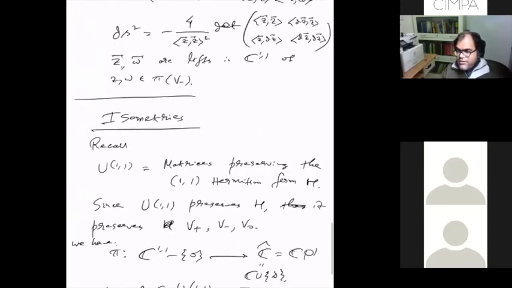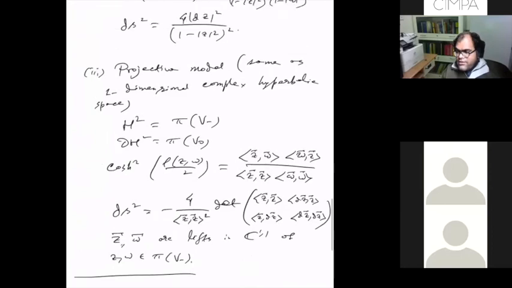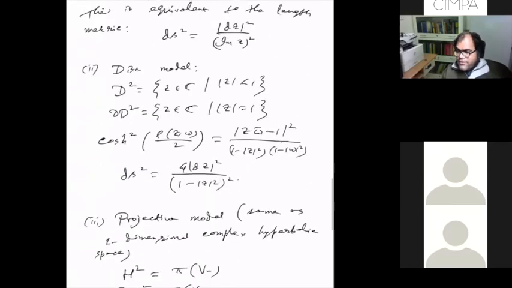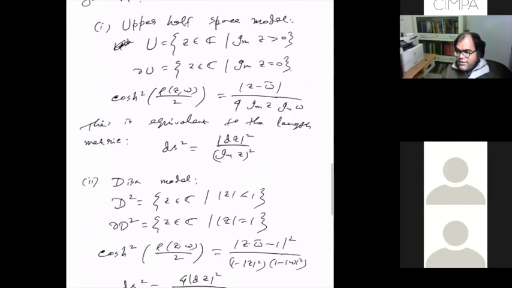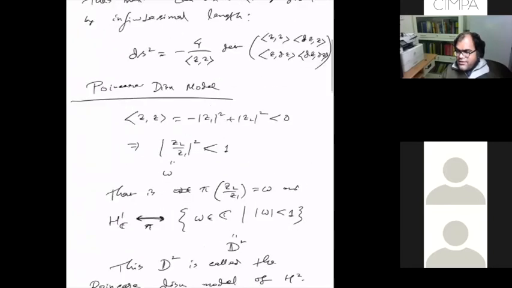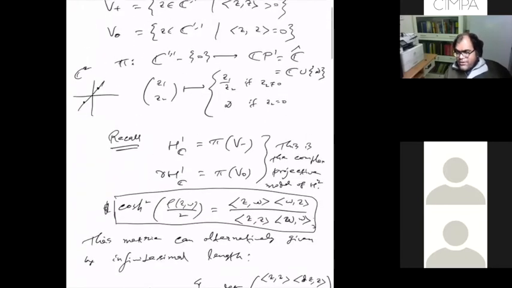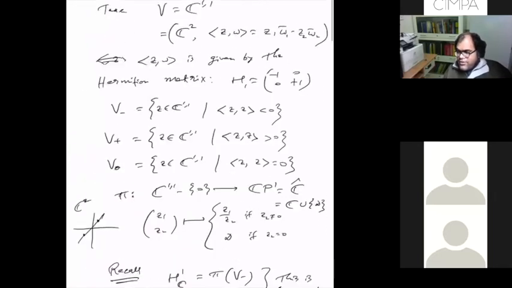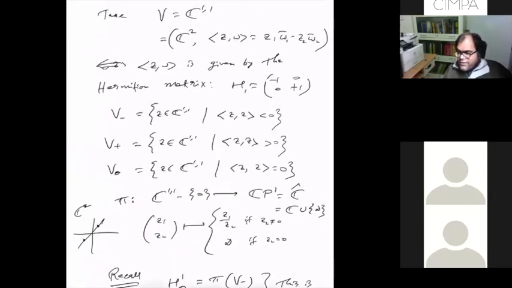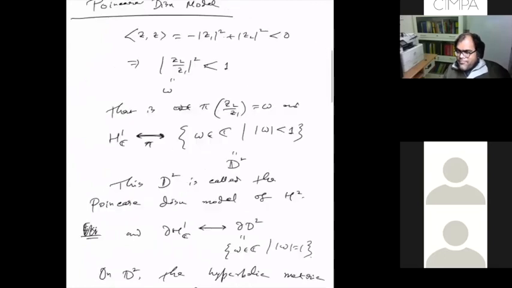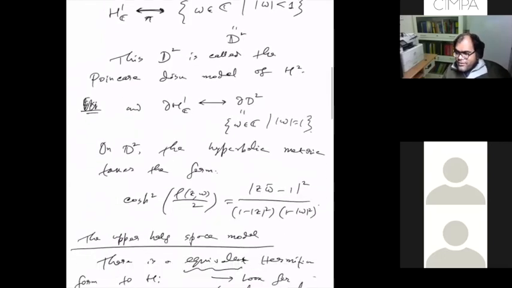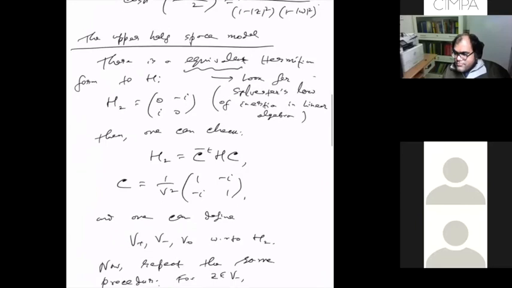Because I'm writing this, I think notation-wise it is easier if we just stick to what we were doing earlier. Otherwise you have to shift the one here, but it looks better to take it as before.